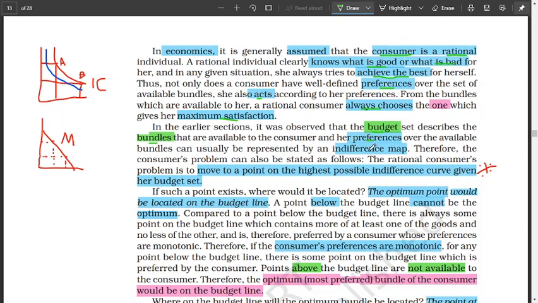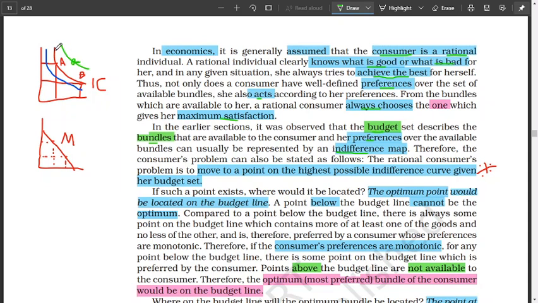Also, we know that the consumer has his own map of many different curves showing his level of satisfaction. You remember the indifference curve, the IC curve. If you have indifference curve 1, indifference curve 2, indifference curve 3, you know that the one at the top will always give him the maximum satisfaction.